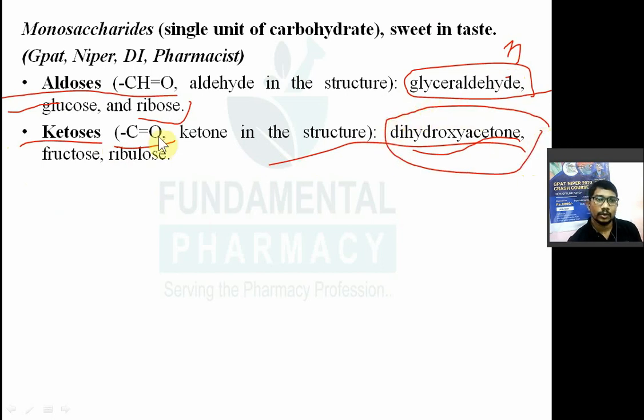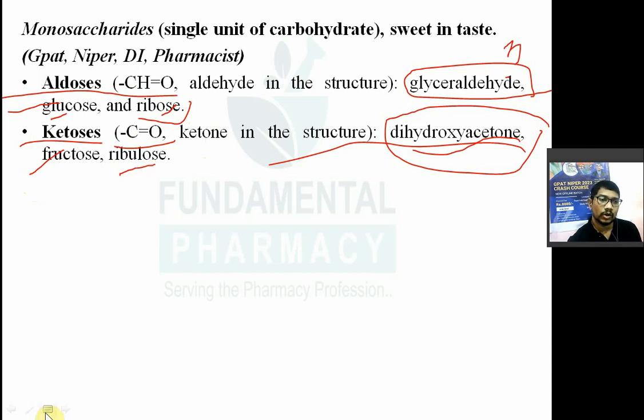Now a 6 carbon atom containing sugar with an aldehyde group is glucose. A 6 carbon atom containing sugar with the ketone group is fructose. Okay. A 4 carbon atom containing sugar with the aldehyde group is ribose, and a 4 carbon atom containing sugar with the ketone group is known as ribulose.